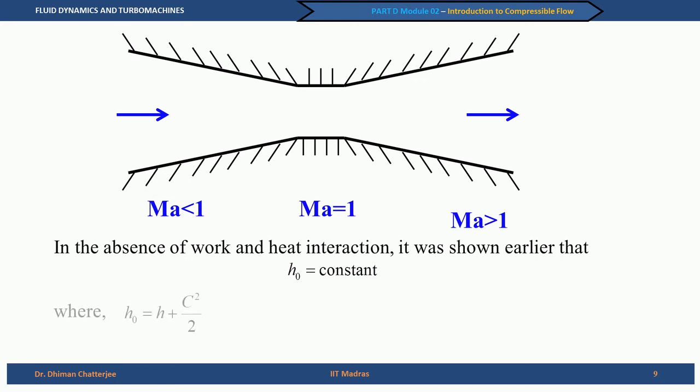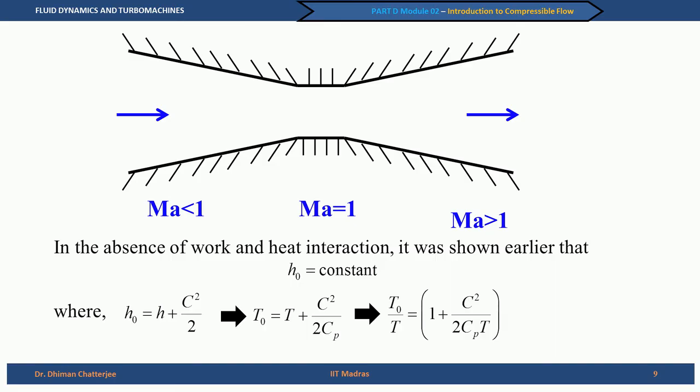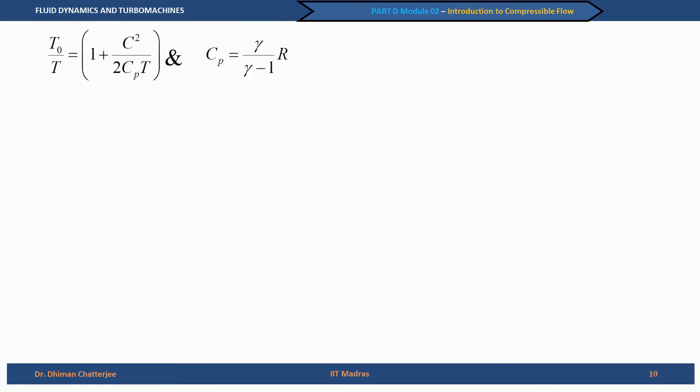So, starting from there we can say H0 or the stagnation enthalpy is nothing but static enthalpy plus C square by 2, which can be written in terms of temperature assuming Cp to be constant as T0 equal to T plus C square by 2Cp, and we can write that T0 by T is 1 plus C square by 2CpT. So, what does it lead to? Let us look in the next slide.